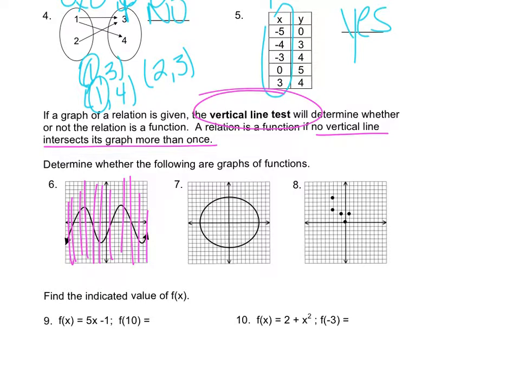So none of those will repeat there, which means this would be a function. If you look at 7, every single time I draw a vertical line, notice we're intersecting at 2 different places, but we can only intersect at one place if all of the x's are different. So this would not be a function. Notice on 8, if we draw a vertical line through those points, they repeat. So that's not a function.